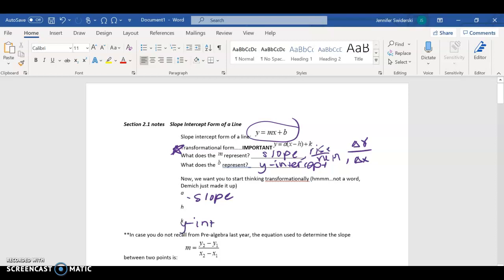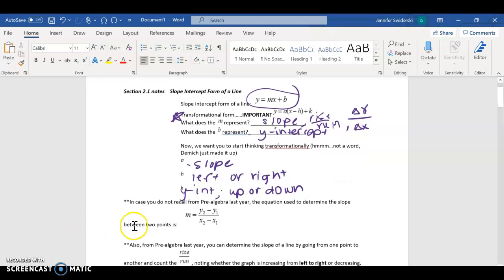When we talk transformations, it also moves things up or down. And this h we're going to be focusing on later, but it basically moves my parent graph, the new graph, to the left or right. So we have the slope, the steepness, h is moving the graph left or right, and k moves it up or down. So this y-intercept k is the same as the b up above.